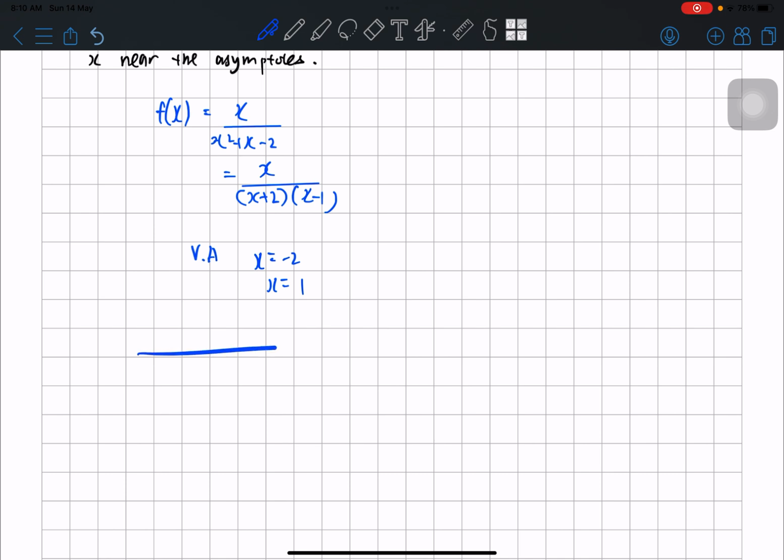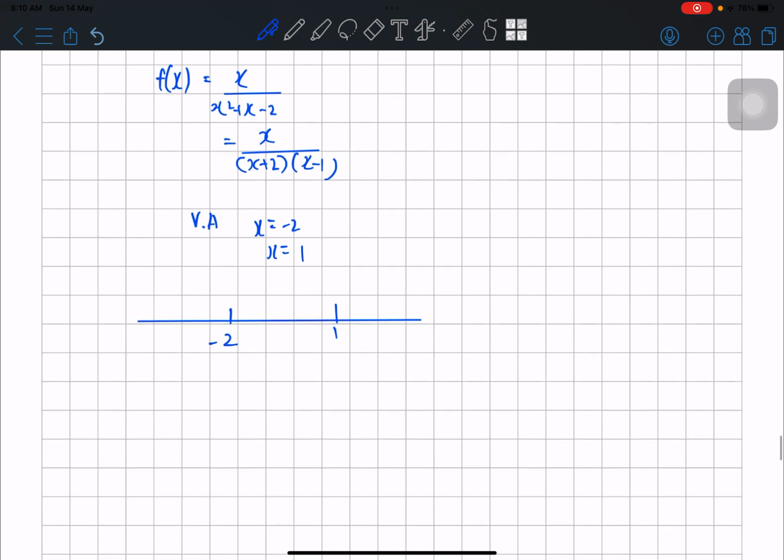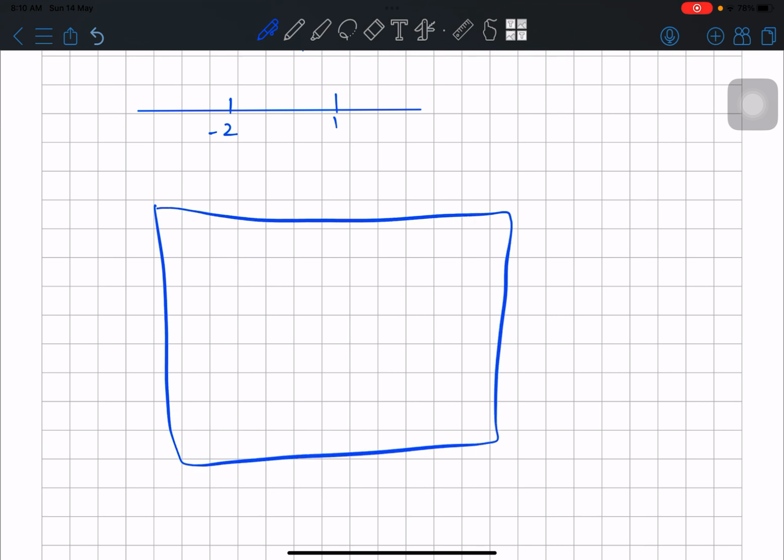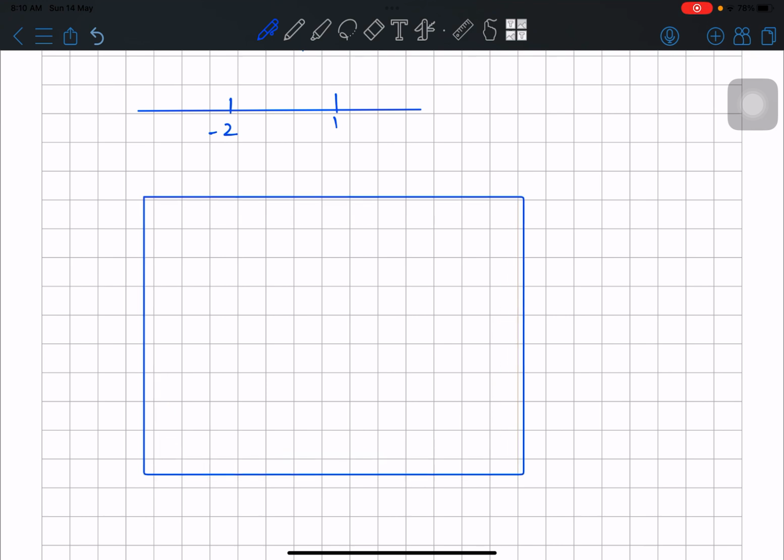Now, we have the regions, since we have found both values of x. We need to determine the behavior of the graph, so we can create a table. Creating a table is basically to understand it better and visualize it more.